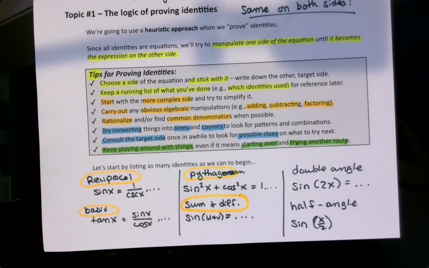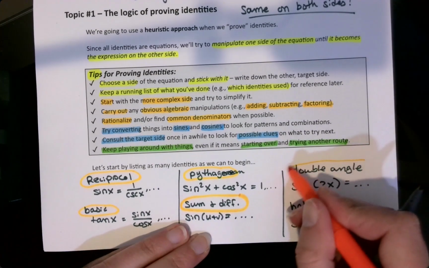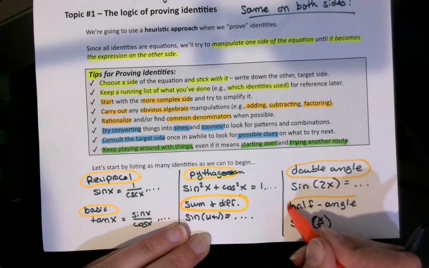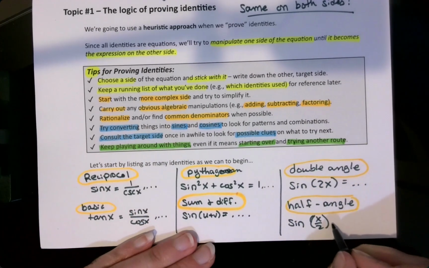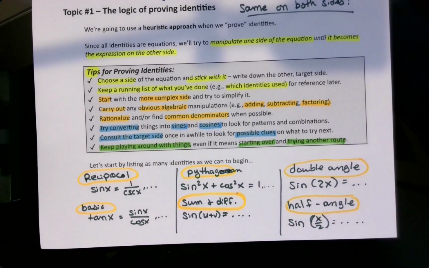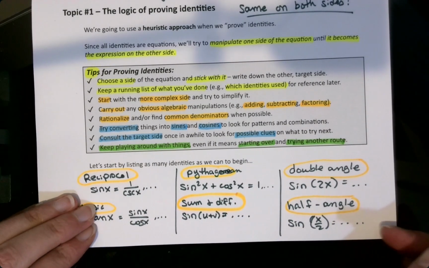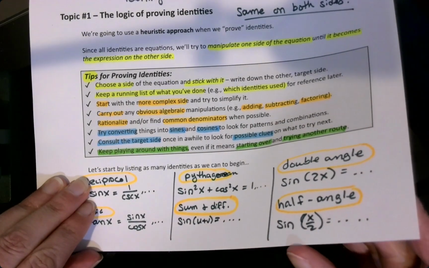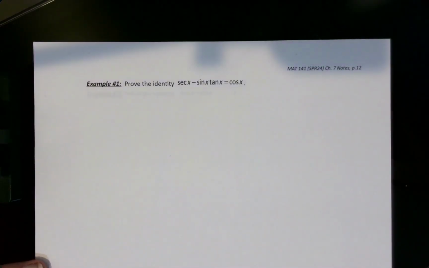I'm just abbreviating here and writing those down, but you're going to want to make sure you look at all of those, giving some examples of what they look like. But of course, there are lots of types of identities that we've already seen in this chapter. So take a look at your formula sheets or look in your book for reciprocal, basic, Pythagorean, sum, difference, double angle, and half angle identities. You're going to want to have a list of those handy as you begin proving your trigonometric identities.